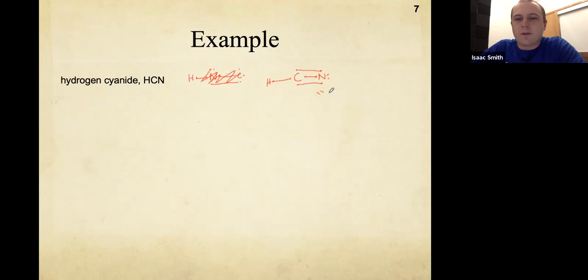And if you rewrote this, it would look like this. And that would be your Lewis structure for hydrogen cyanide. So it's really only one way that's going to work on most of these. There are some where there are multiple Lewis structures possible. We'll talk about those towards the end of the PowerPoint.